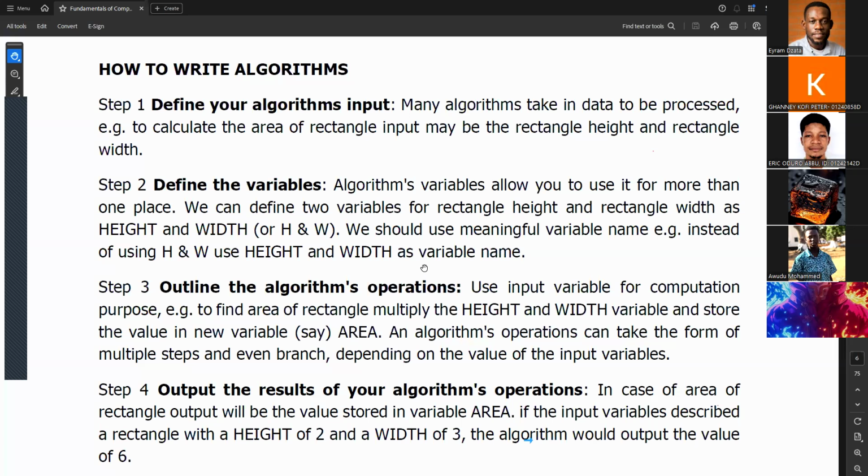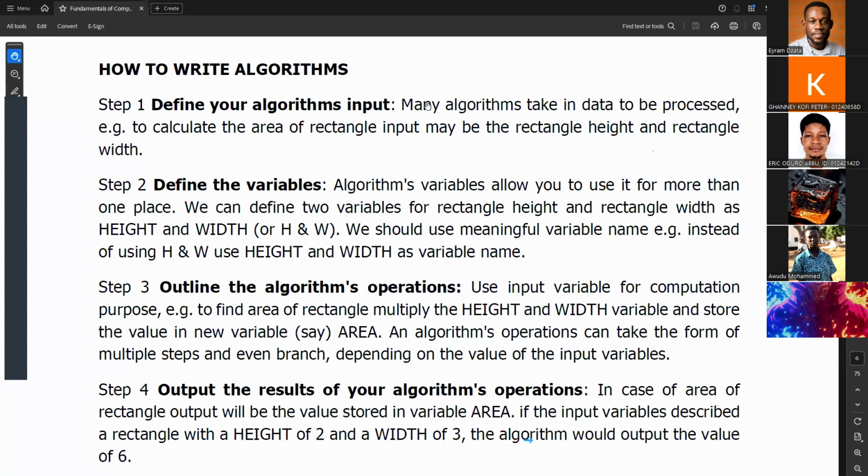What will be the input to that particular problem? Or does that problem require an input? If it does, what is the input? We've been given an example here which says that you want to calculate the area of a rectangle.